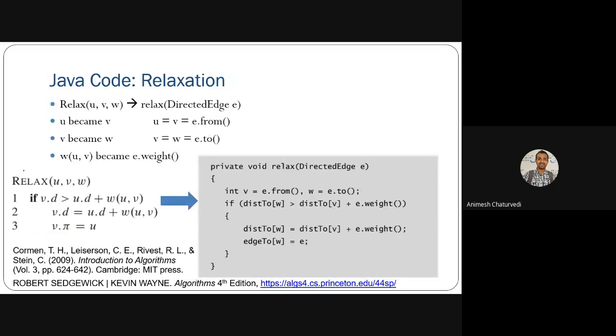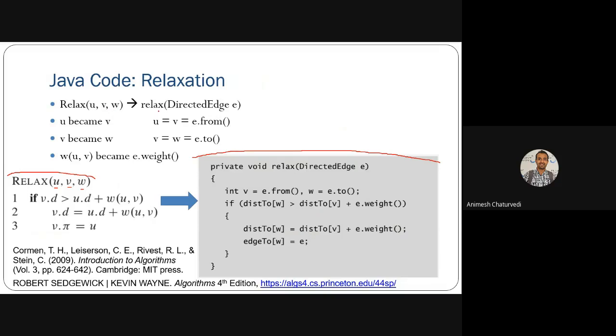Then this is from the Cormen book. In Cormen, you can see this algorithm, whereas this is from Princeton's algorithms course, and there is some variable exchange between them. So you have to understand this variable exchange. Here you are using relaxation of u, v and w.